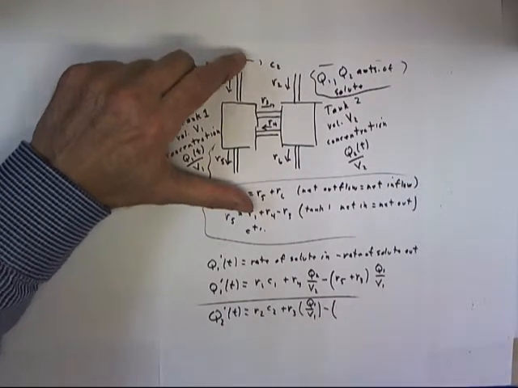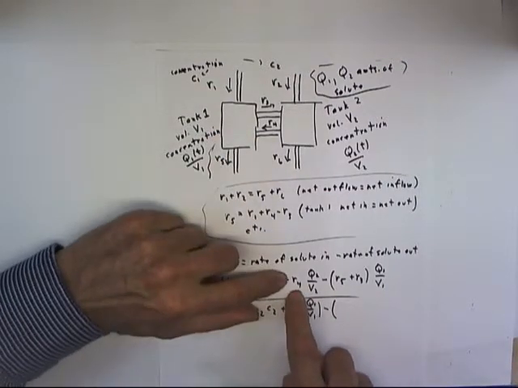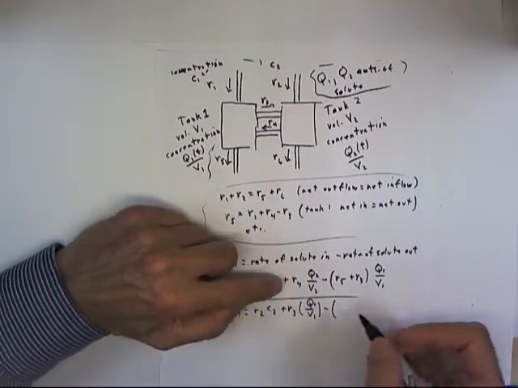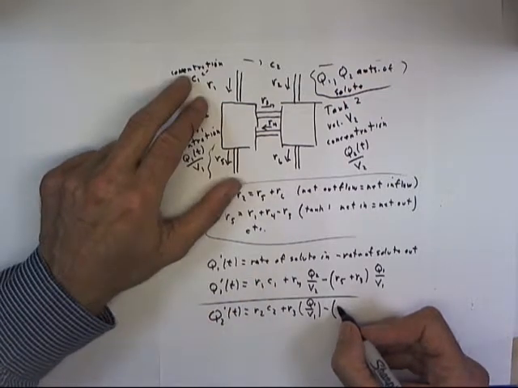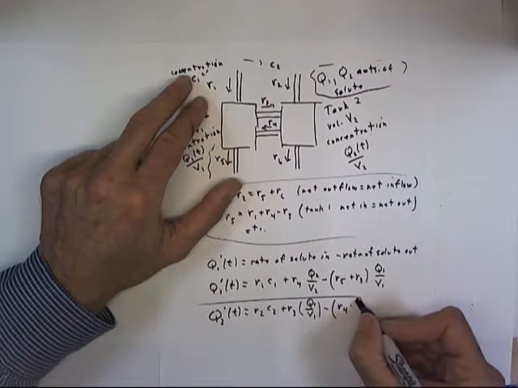And that's minus the rate at which solute is leaving. Well, it's leaving at the same rate it's going in from this tank to the first tank. That's going to be R4 times Q2 over V2.